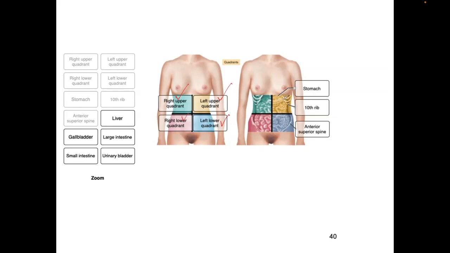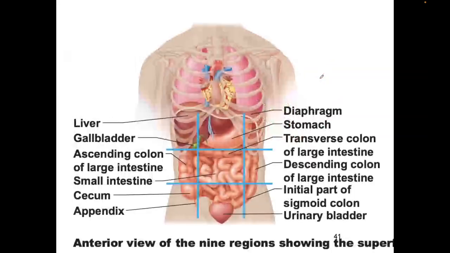Then they want you to drag what you can find in this portion of the left upper quadrant, which is the stomach. Here's the 10th rib. And here is the anterior superior iliac spine, right here. Okay. And again, you can see that we have different organs in the 9 regions.